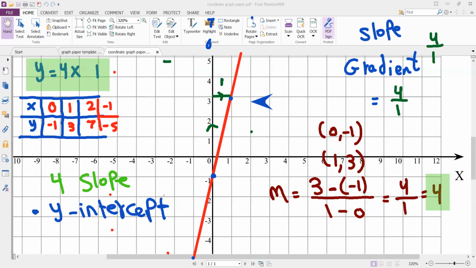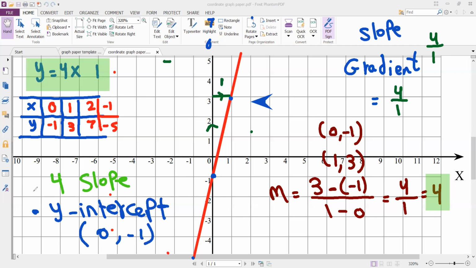Y-intercept means the point of intersection between the line and the y-axis. So the y-intercept here is -1, or the line is passing through the point 0 and -1.